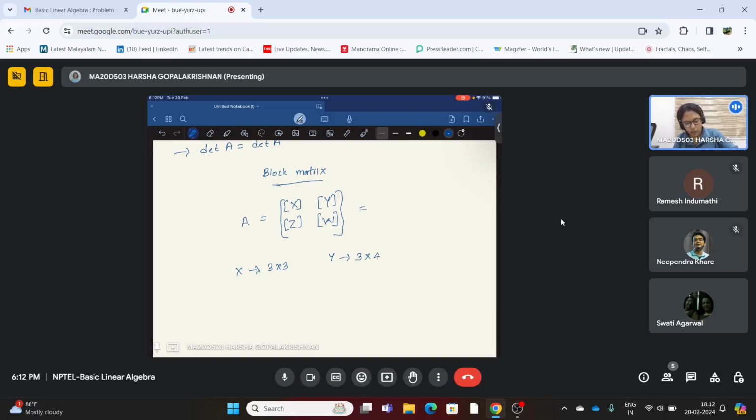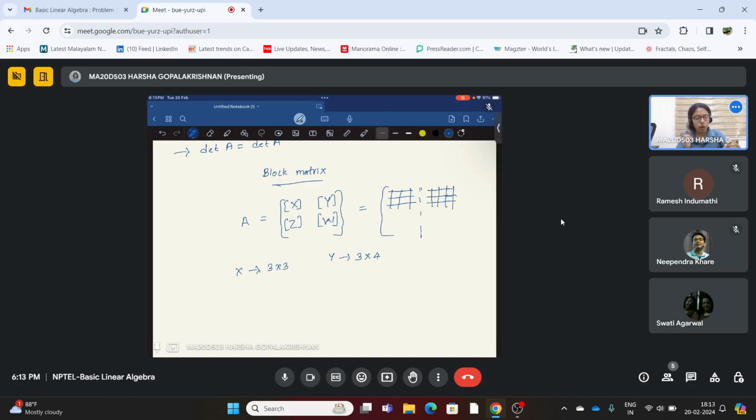So the matrix has 3 rows and 3 columns for X, and corresponding to Y again 3 rows, splitting along this way, but with 4 columns. So X is one block, Y is another block, and then Z.